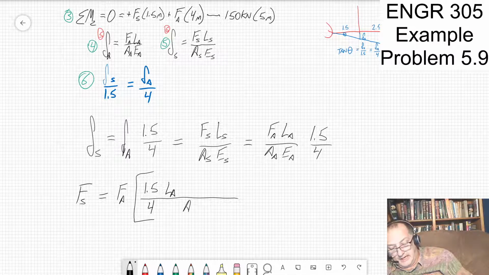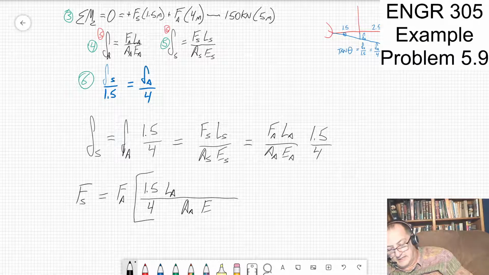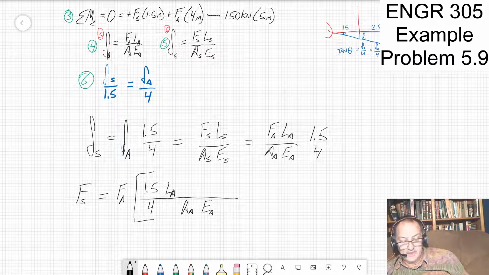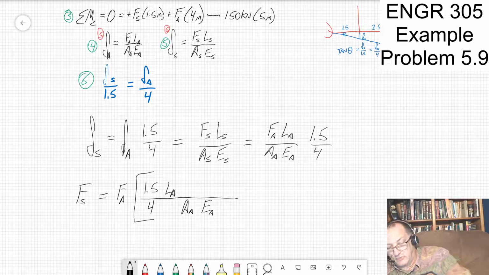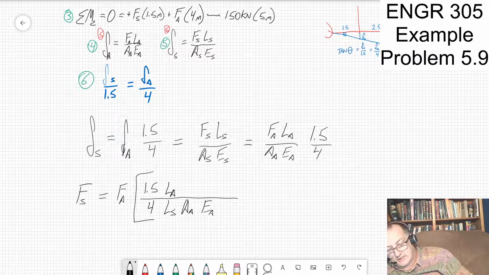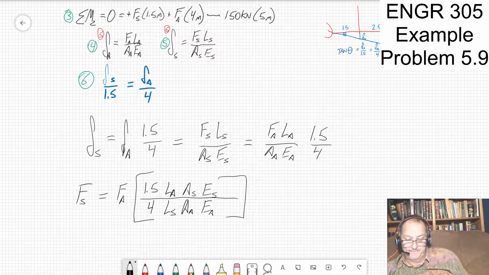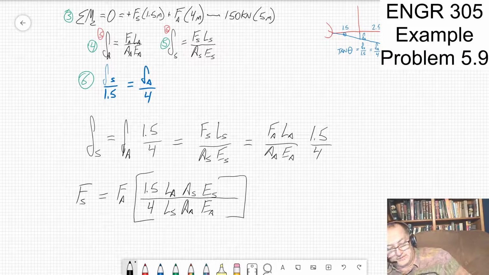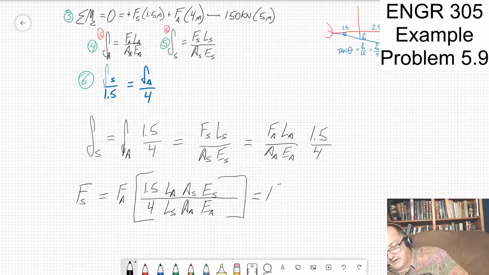And I'm going to put an area of the aluminum and a Young's modulus for the aluminum on the bottom. And from the steel side, I had to bring over the length of the steel, which goes on the bottom. The area and the Young's modulus go over the top. So length of the steel, area of the steel, Young's modulus for the steel. Like that. Now we'll start substituting in values.